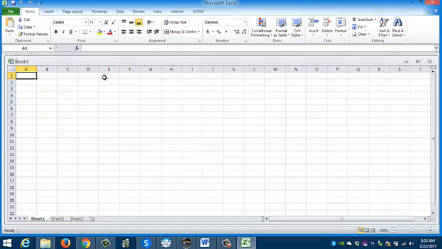So maybe what I'll do is I'll label this column X, and I'll go ahead and type in my 9, 10, 11, 12, 12, 13, 14, and 15. And then I'm going to label this one x minus x bar. You could decide how you want to label it. It's hard to read that anyways.